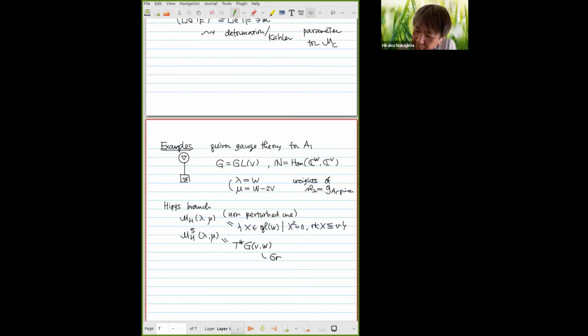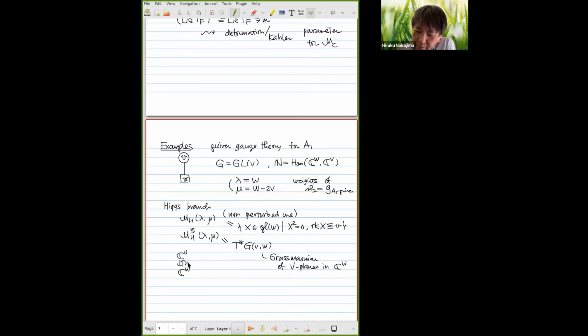So the Grassmannian of V-planes in C^W. This is very easy to show, and I proved it a long time ago.